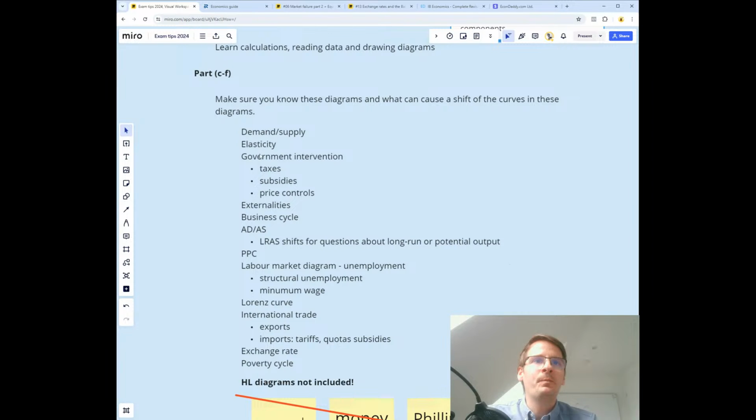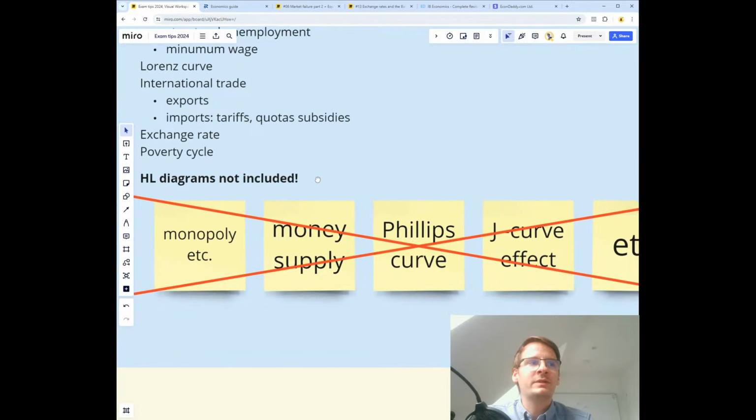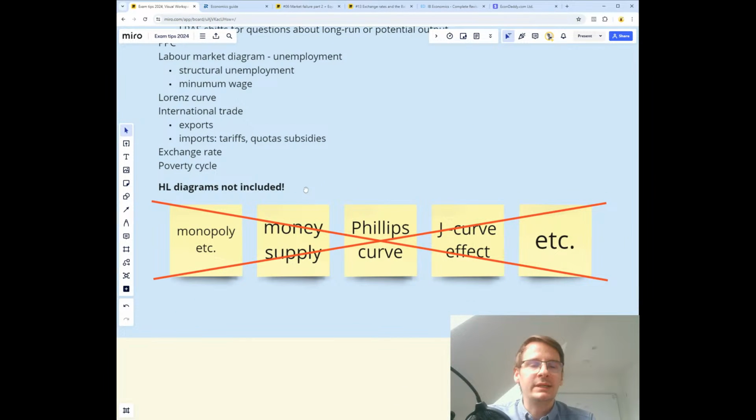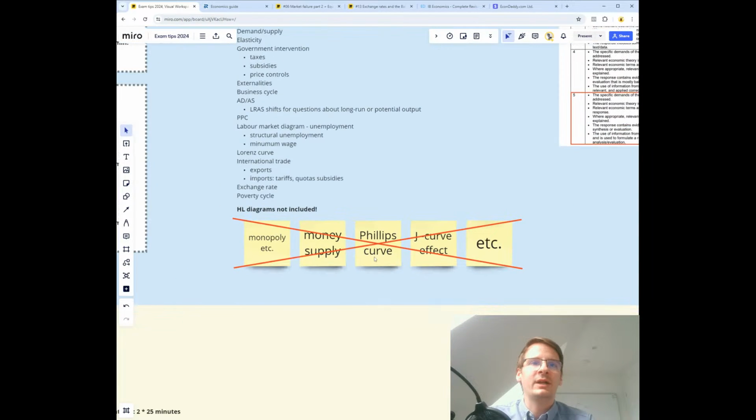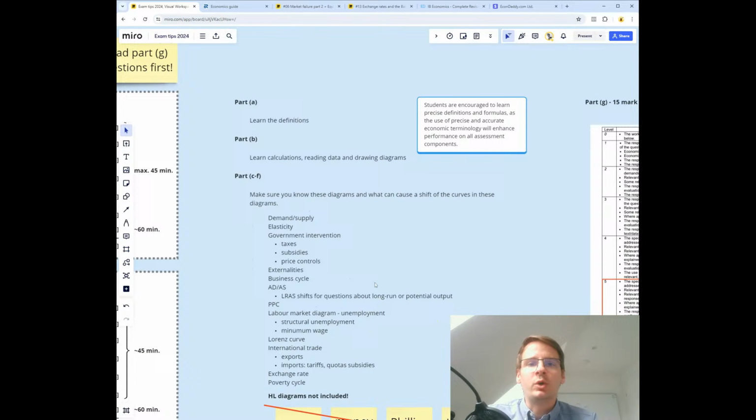Make sure you know what they look like, what the axes are, and what could drive the curves up or down, and how would the intersections change and affect the values on both axes. Also, very importantly, AHL diagrams are not included. So don't worry about the paper 2. You're not going to get a question about the Phillips curve because it's AHL content. That's about the short questions.